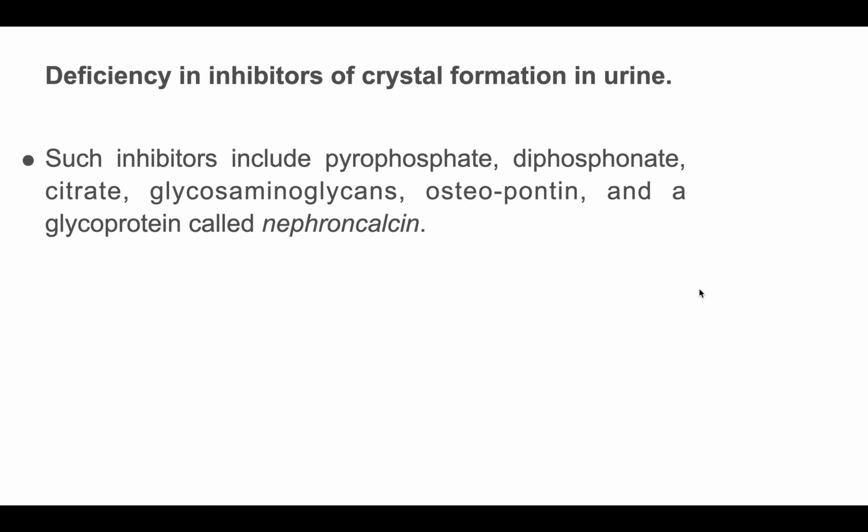One more thing studied is deficiency of inhibitors of crystal formation in urine. Urine also has some inhibitors which stop crystal formation, like pyrophosphate, bisphosphonate, osteopontin, and a glycoprotein known as nephrocalcin. So deficiency of these can also predispose a patient to form renal stones.